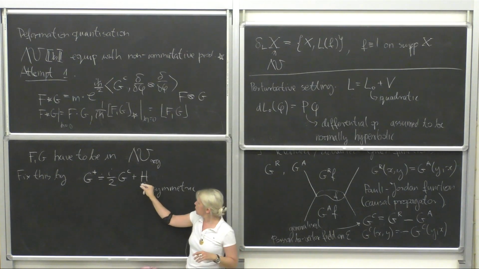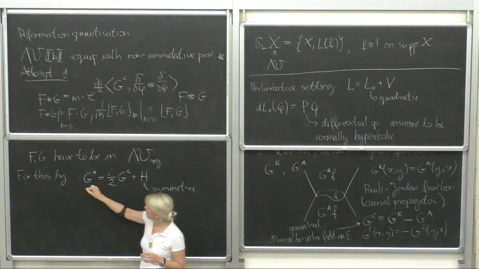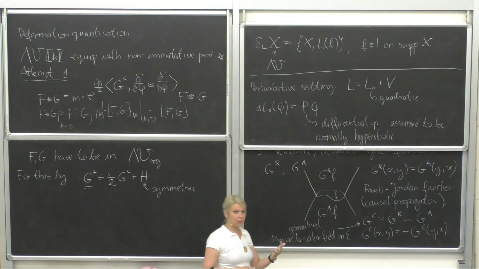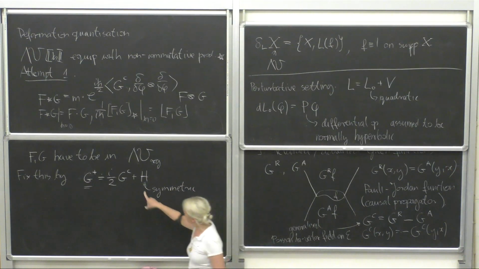So we can choose h in such a way that the singularity of g plus will be much, much tamer than the singularity of gc.